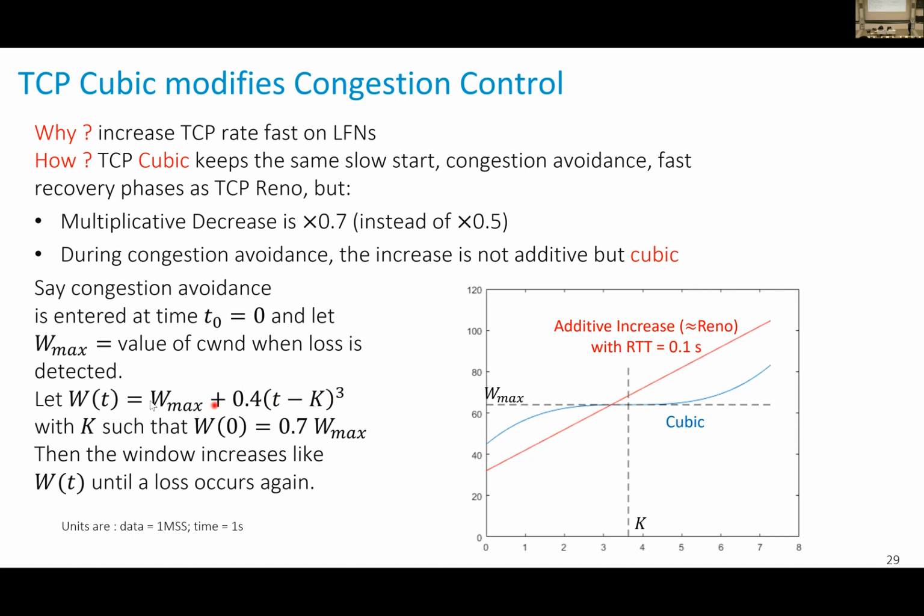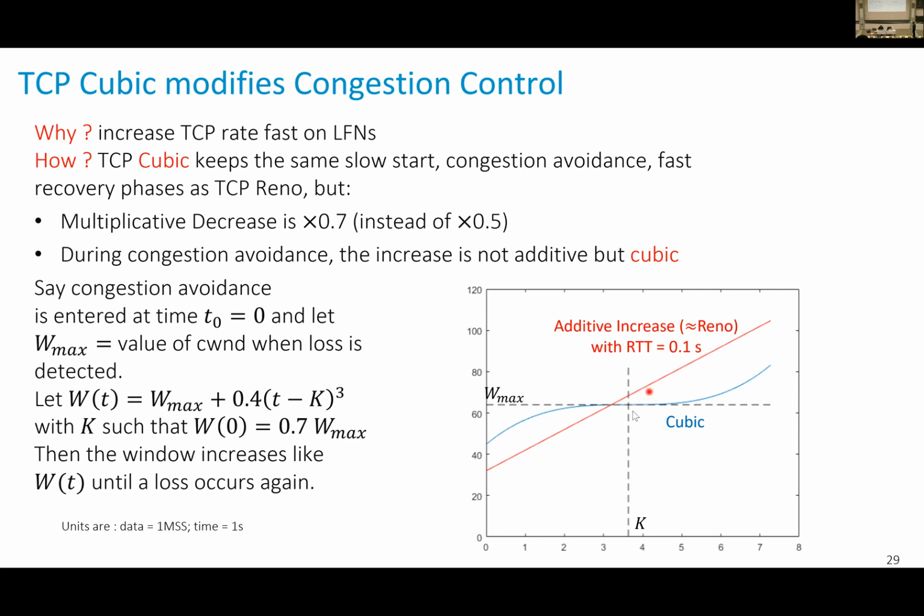It's a function of time, which has the property that it starts at the value W of 0, which depends on a parameter K, where K is computed such that we start at 0.7. And then K is the time at which we will reach the flat part of the cubic curve here.